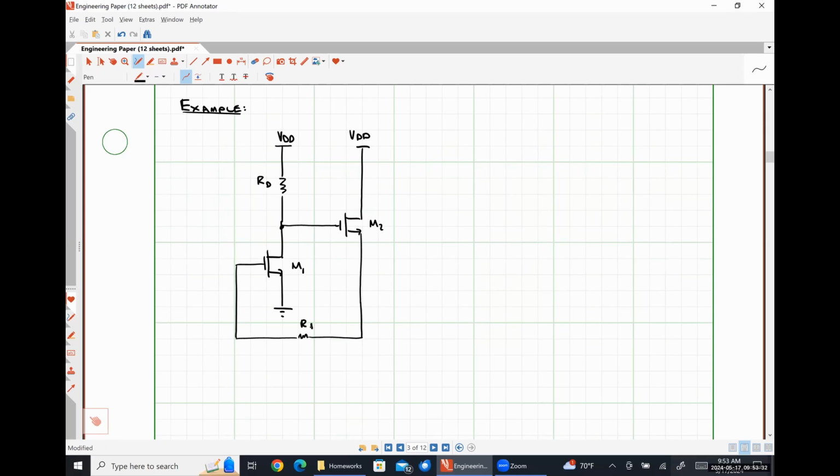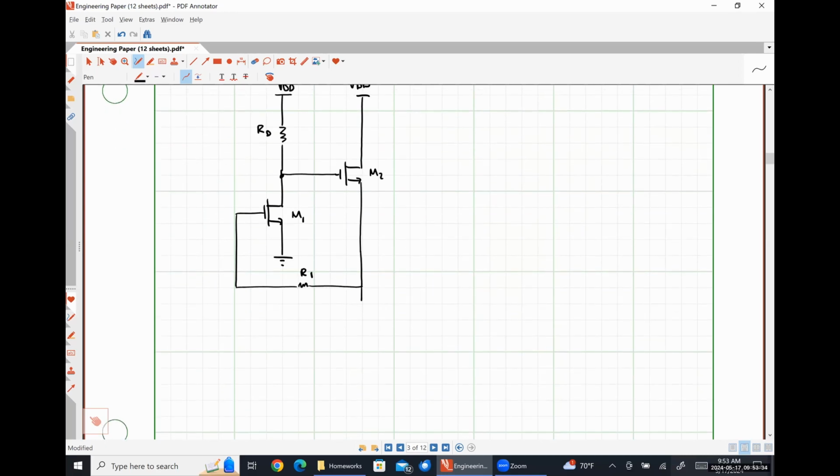Let's call this resistor R1. This resistance R2. This is our input current signal, I in, and our output current is here.